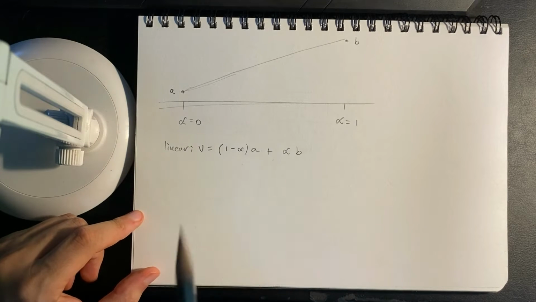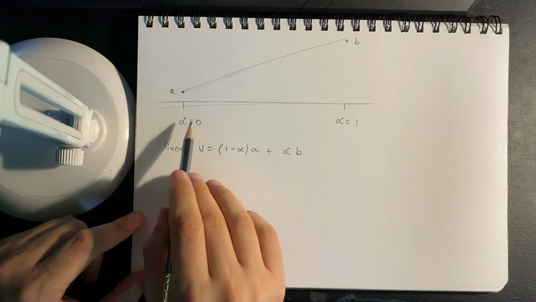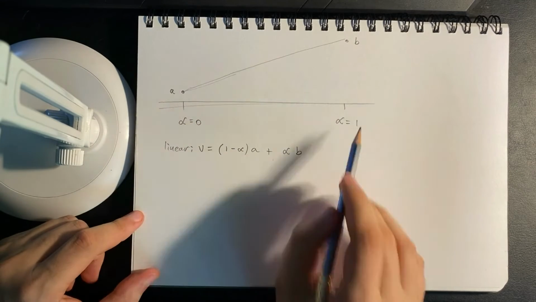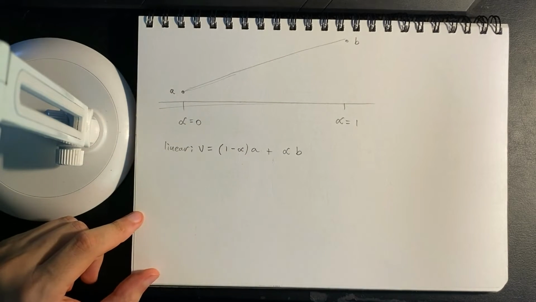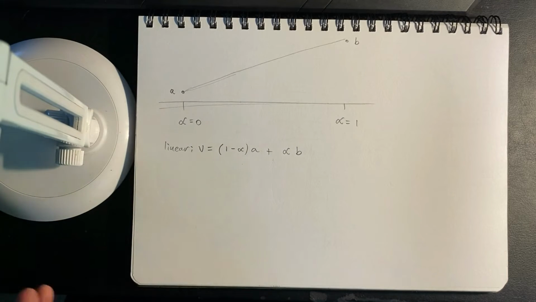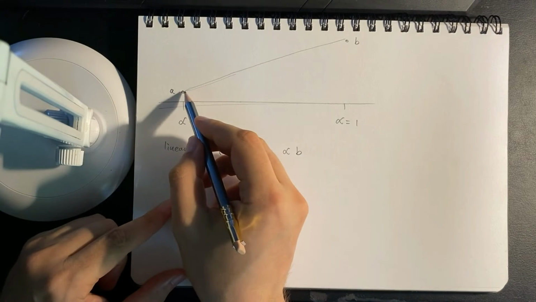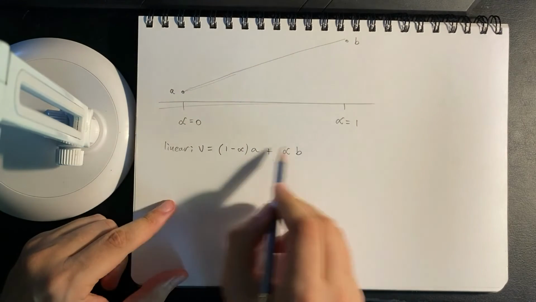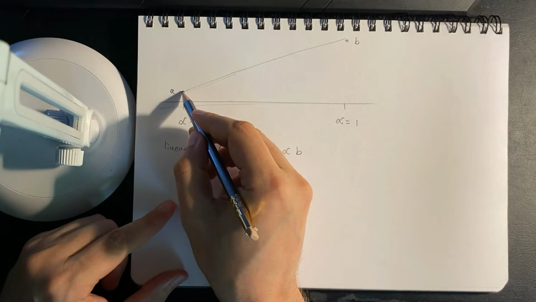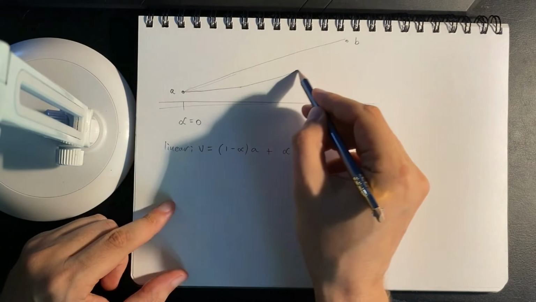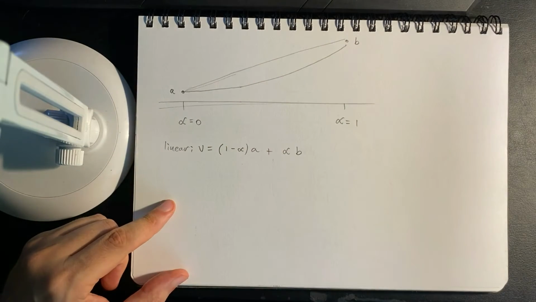So the really cool thing about interpolating the alpha parameter between 0 and 1 is 0 and 1 are very nice numbers. If I multiply 0 by 0, it's still 0. If I multiply 1 by 1, it's still 1. And so what we could do is, instead of taking these brackets, we could square all of that and give a sort of parabolic path, which goes the same way.